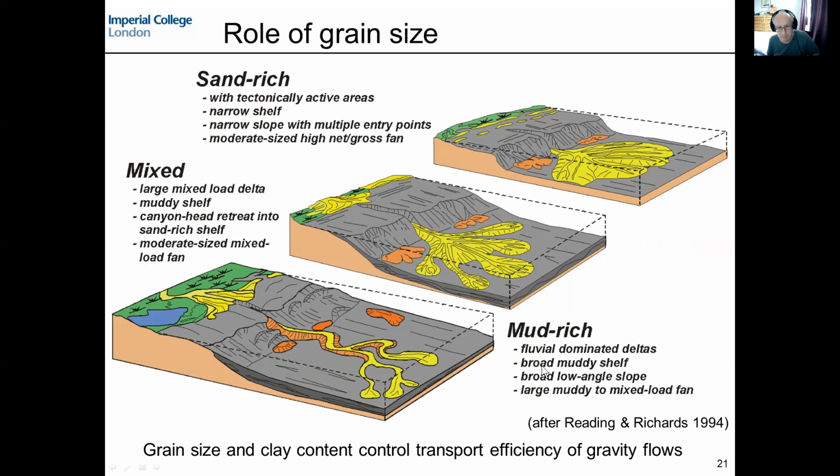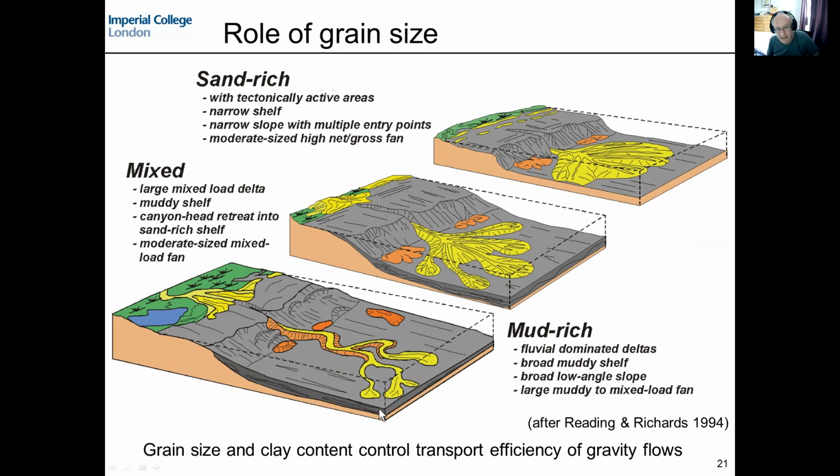The other extreme is a mud-rich system. In this case, the channels are very long. The flows can be transported long distances. Even the individual branching channels are very distinct from each other, and the lobes are separate from each other, and they're nice and clearly distinct. These mud-rich systems can be very large.